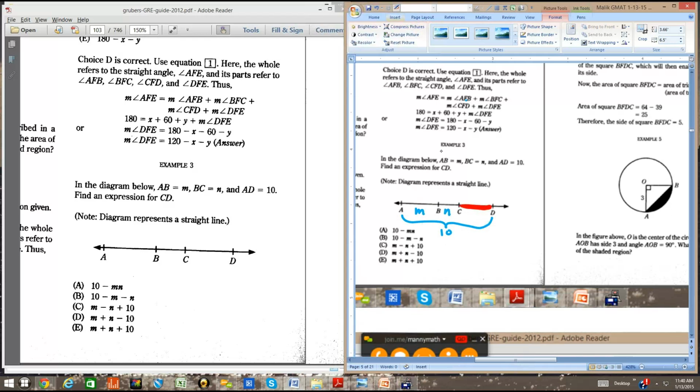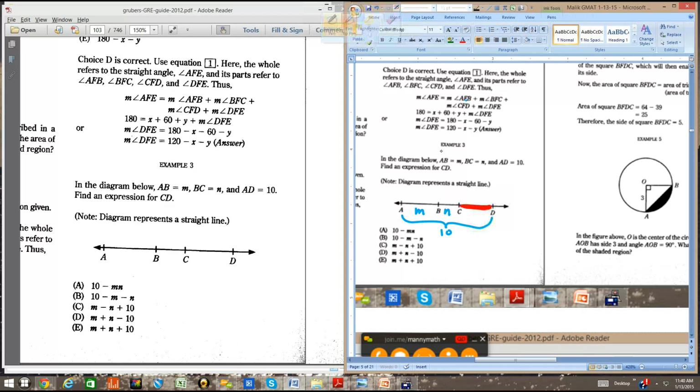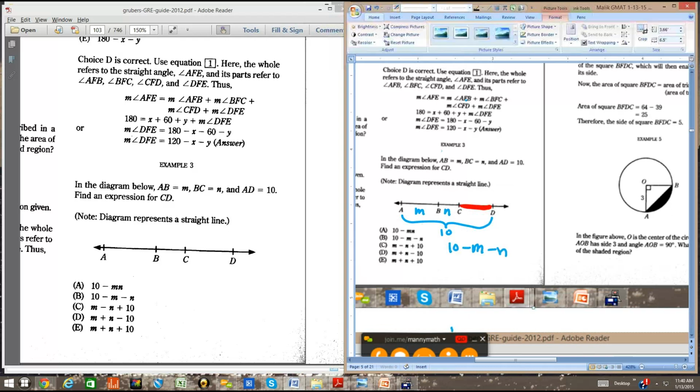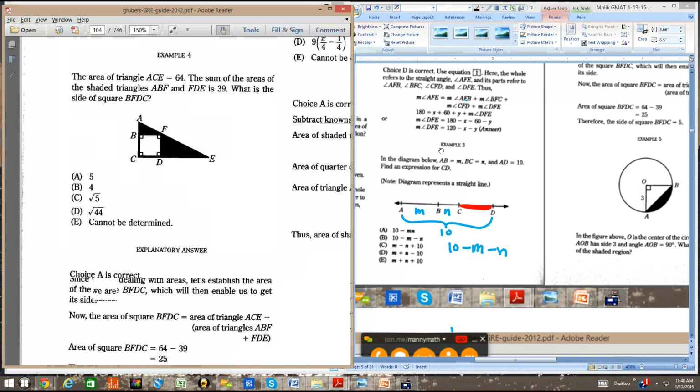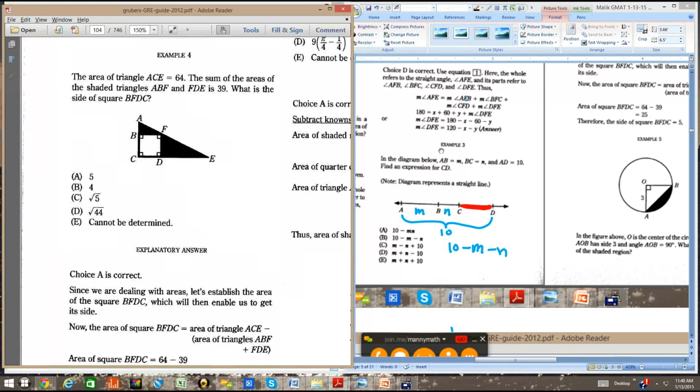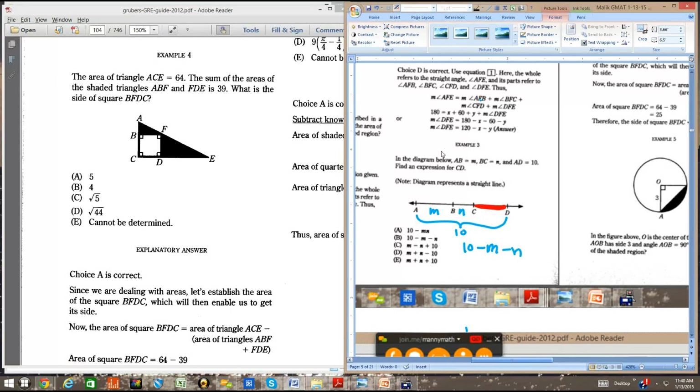You subtract those M and N. This will be M minus N. See that? Okay, the next question. Now I'll be able to do all that, but it would just take me a little more time so I could write out the equation. Well, it's the thought process that's important at this time.